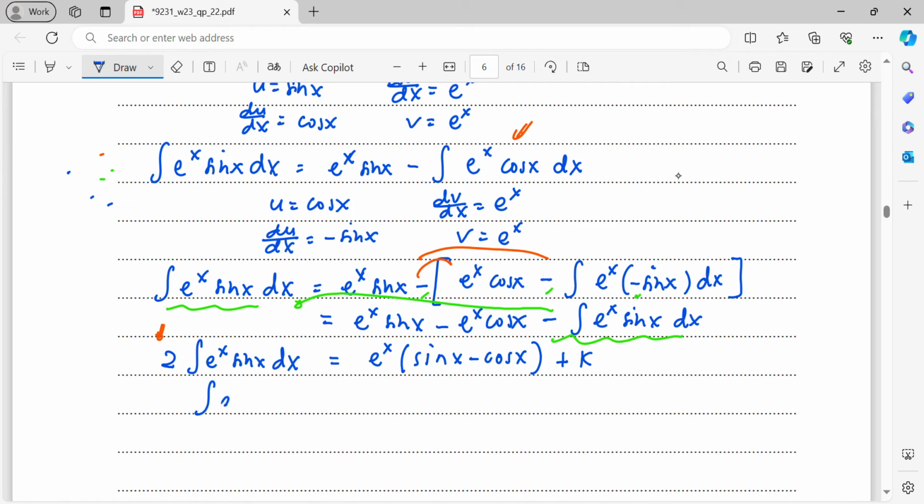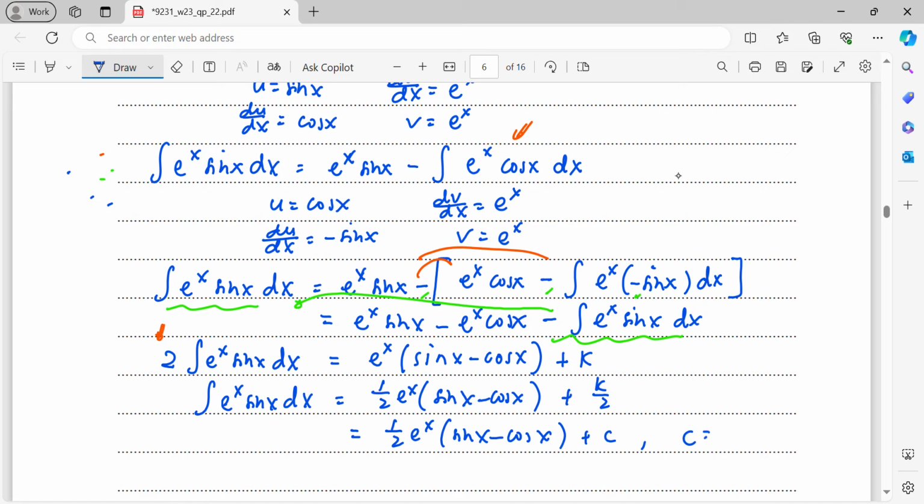So now my integration equals half of e^x, because I divide by 2, so it will be sine x minus cos x plus k over 2. This k over 2 I can change to c, where c equals k over 2, because c is an arbitrary constant, k is also an arbitrary constant.